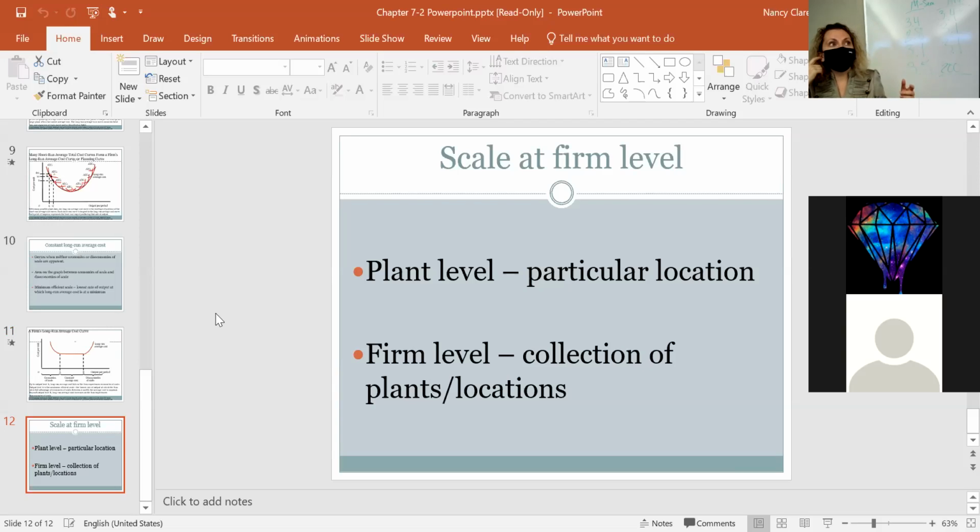Many times we get announcements about how some big chain is going to close like 50 restaurants or 50 stores or something like that. It's because they've done the analysis on both ends. They've done a plant level or location level analysis and said, these costs aren't working for us.